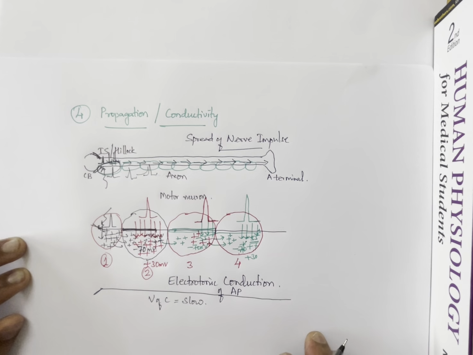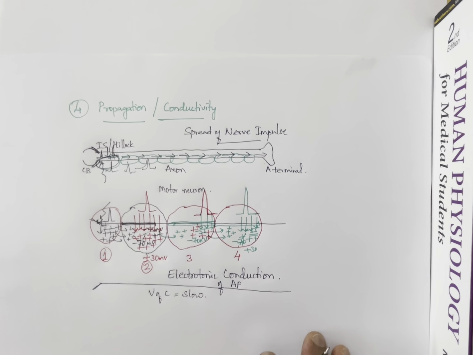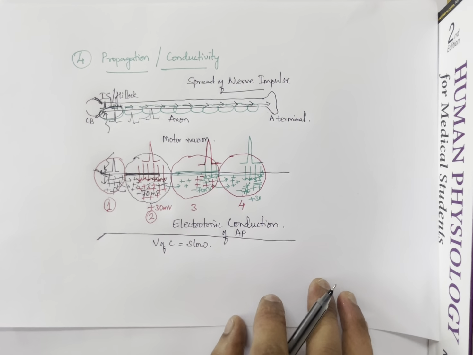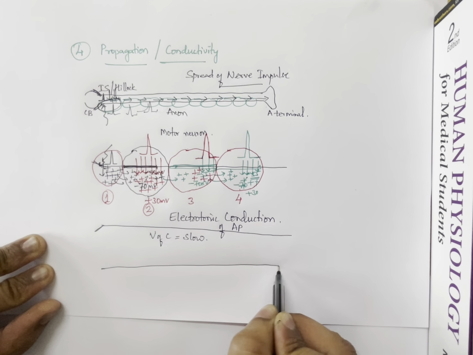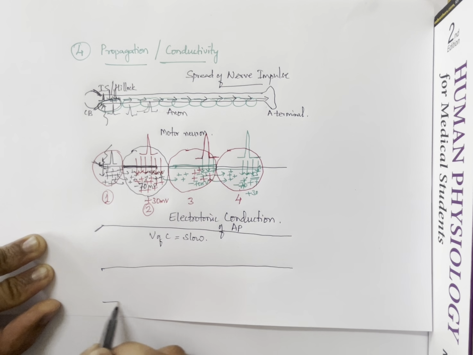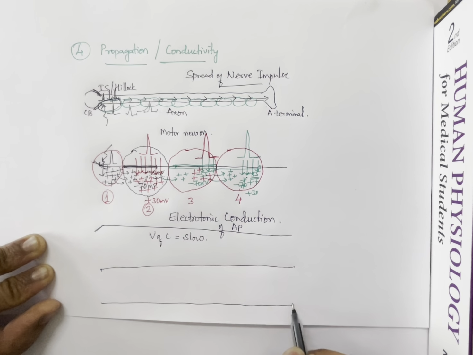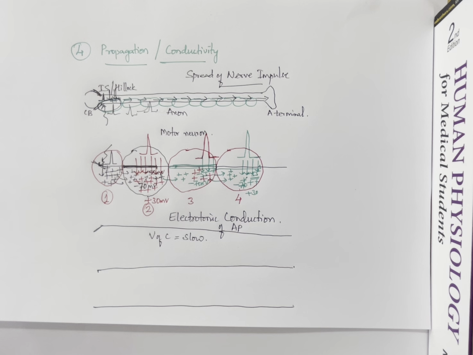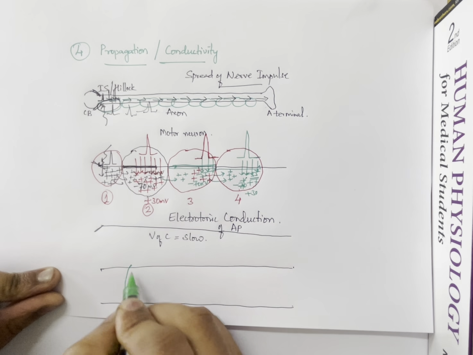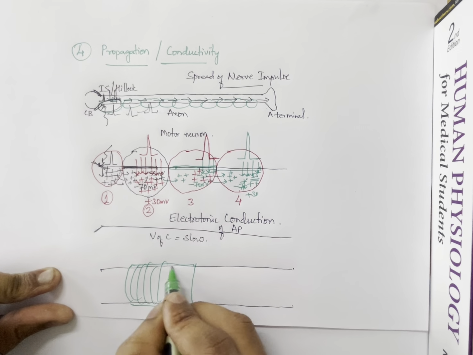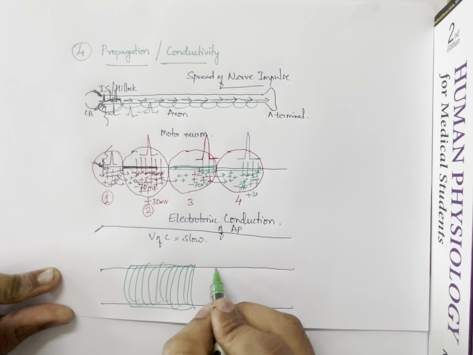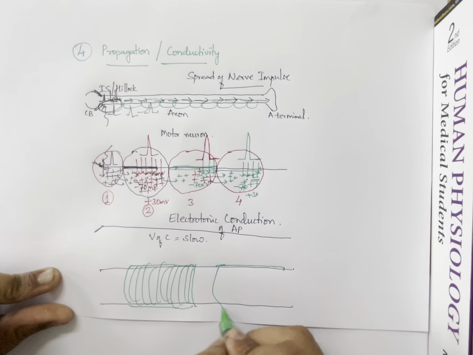Now we will explain how action potential is propagated in case of myelinated nerve fibers. Consider this is a fiber, an axon fiber, and here certain regions are myelinated. Consider this portion is myelinated. The myelin sheath is covering this portion, and one more here covering this portion.